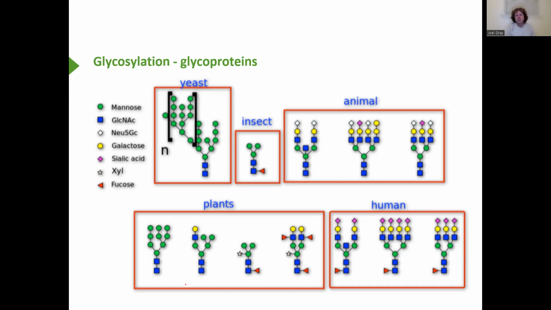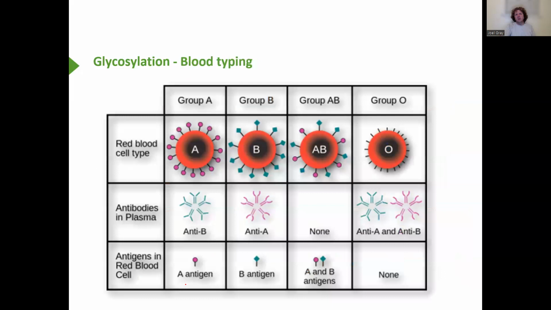These are proteins that are generally displaying the sugar structure on the exterior of the cell surface. So a cell can be detected or sensed as something foreign based on the presence of these different glycosylations.